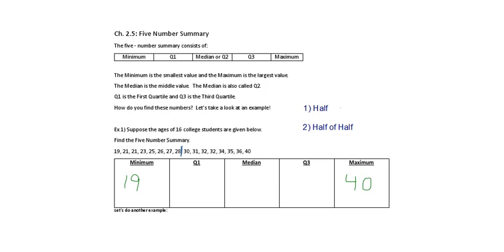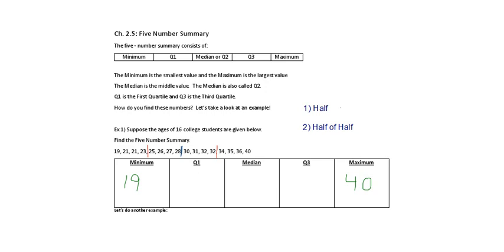Well, I would like to draw a line that separates into 4 and 4. So notice that red line I put between 23 and 25. There's 4 to the left and 4 to the right. Look at the other red line that I separated between 32 and 34. 4 to the left, 4 to the right.